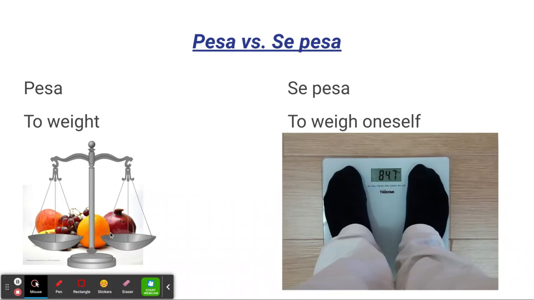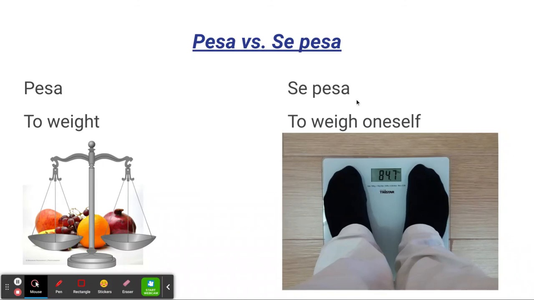It's not reflexive. But if I was to weigh myself, then I would use the reflexive pronoun. Here we have se. Pesarse, to weigh oneself. If I was to weigh myself, me peso.